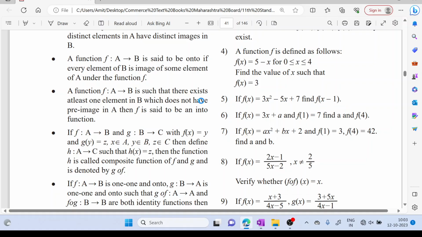So the next problem, f of x is equal to ax square plus bx plus 2.